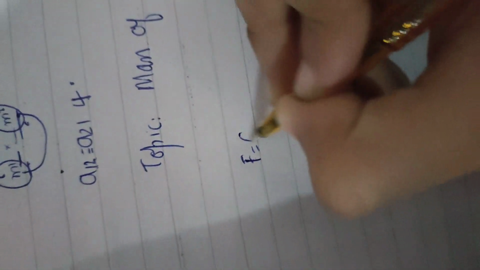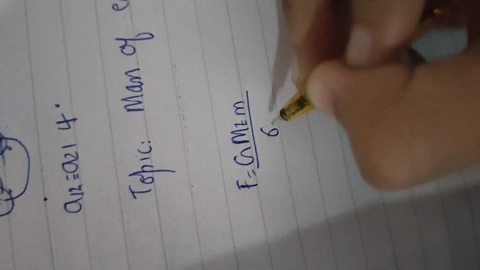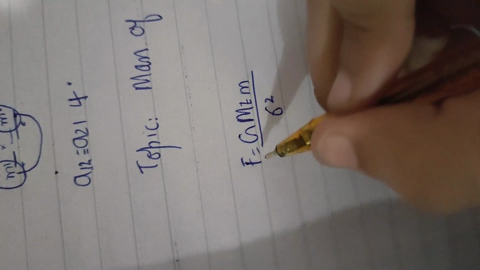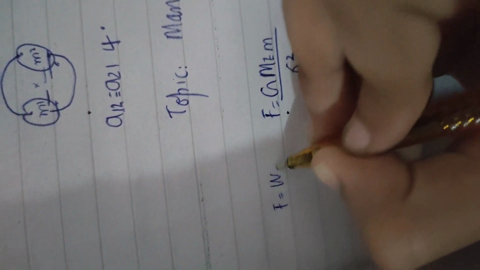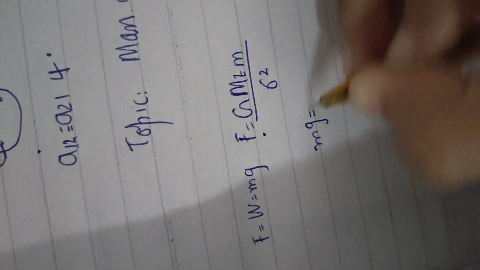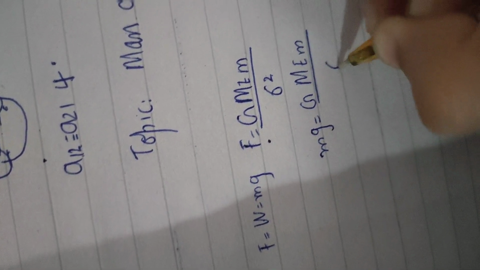So हम लिख सकते हैं F is equal to G M E, दो masses है हमारे पास, M upon R square. So if I look up, that force is also equal to work, and work is equal to mg. So can I write, instead of force mg, G M E M upon R square?